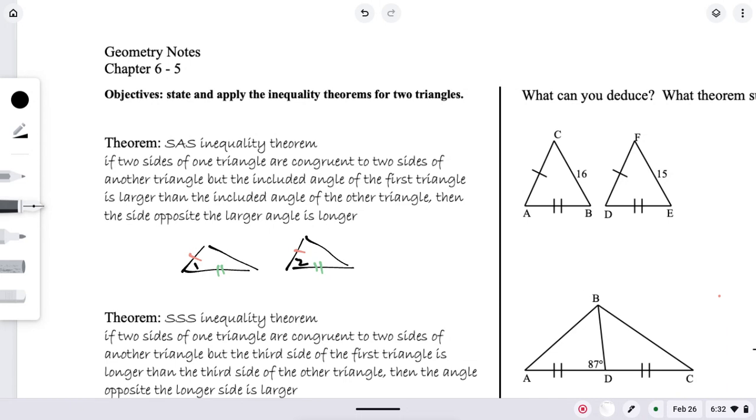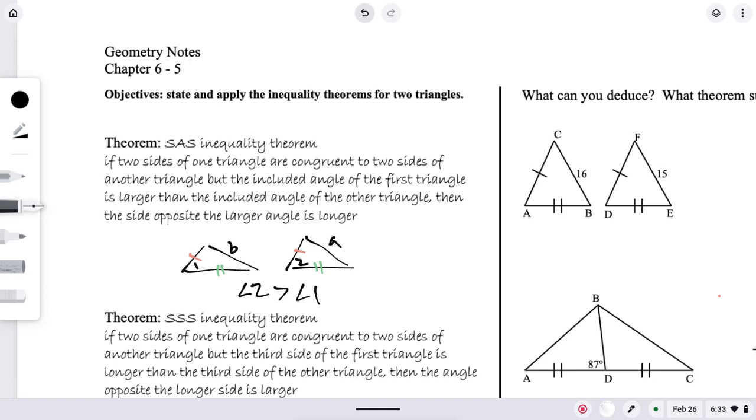I should be able to induce from this side angle side inequality theorem that the side opposite of the larger angle, so again, angle 2 is greater than angle 1, that's given to me, then that side opposite angle 2, which could be side A here, has to be bigger than side B opposite of angle 1.